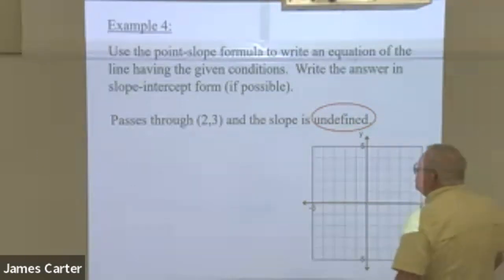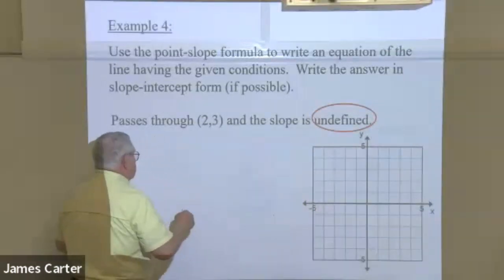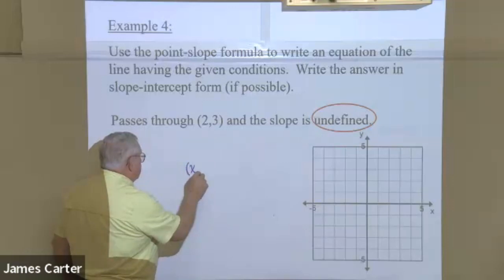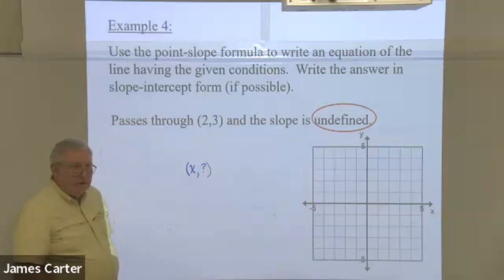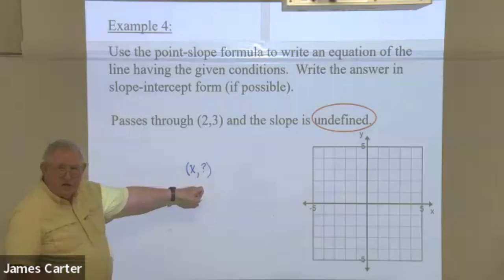Okay? So, what do we know about vertical lines? We know that we take whatever their X value is, and we don't care what the Y value is. The Y can be anything, but the X always stays the same.